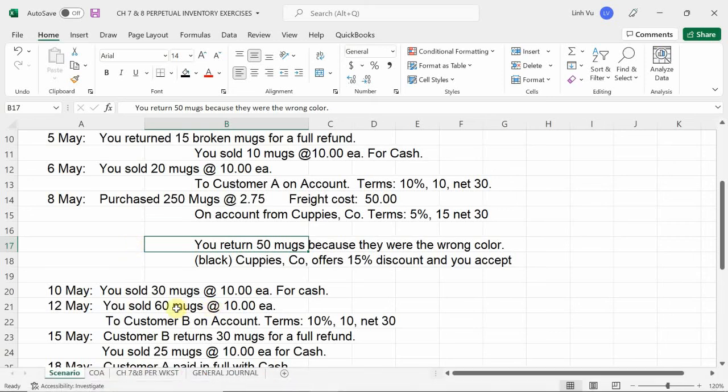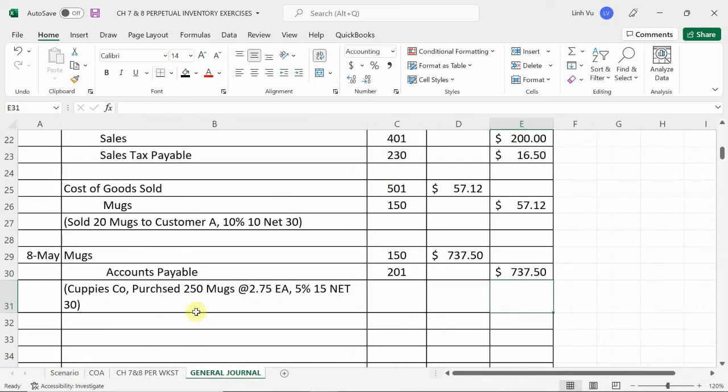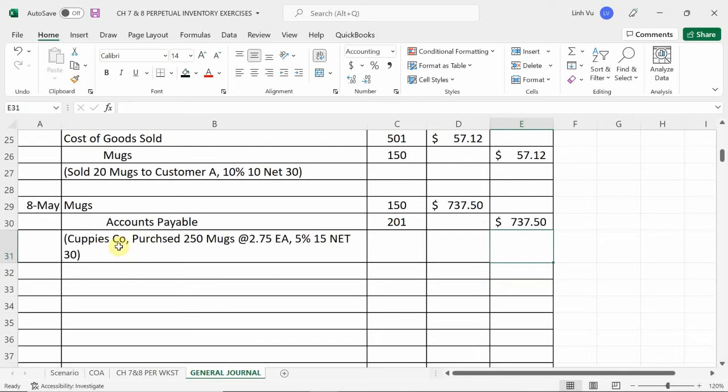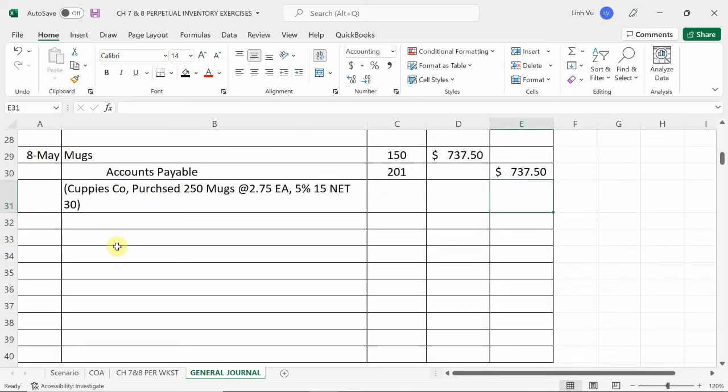We're just making an adjustment to accounts payable and mugs. In this case, they didn't give us a refund. They just offered us a portion of the money back to say, I'm sorry for sending you the wrong items, but to keep your business, how about I give you a 15% discount, to make up for my mistake, or our mistake, whatever it is.